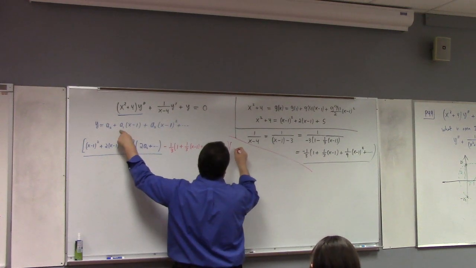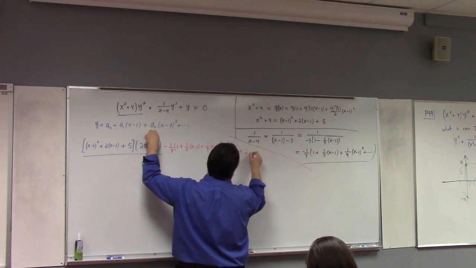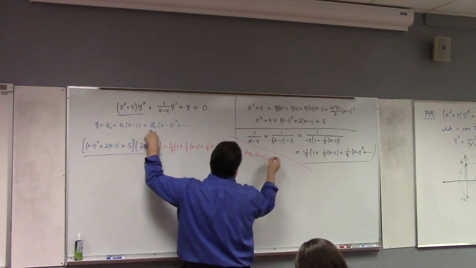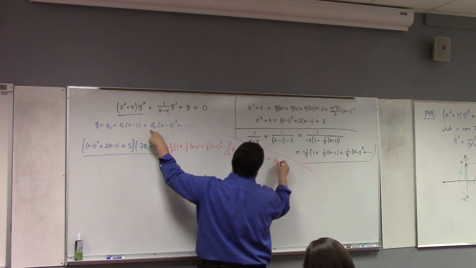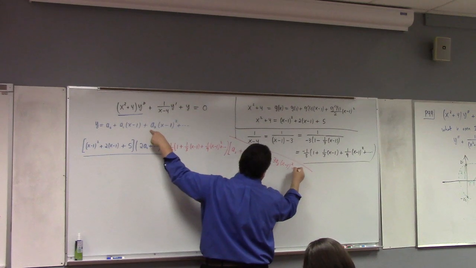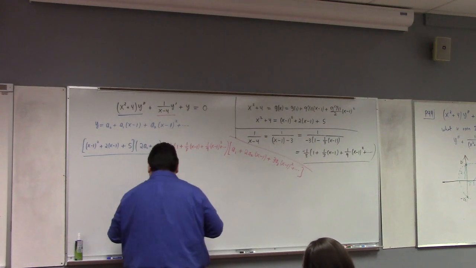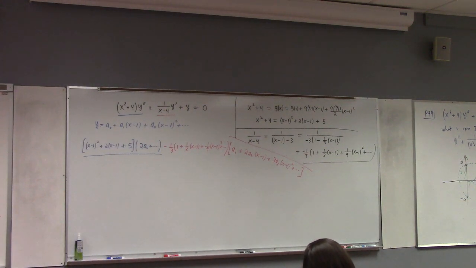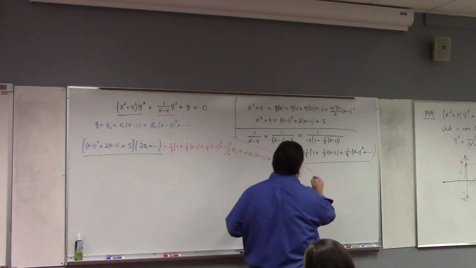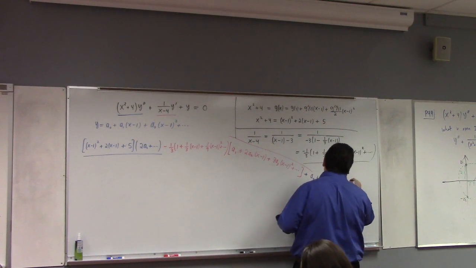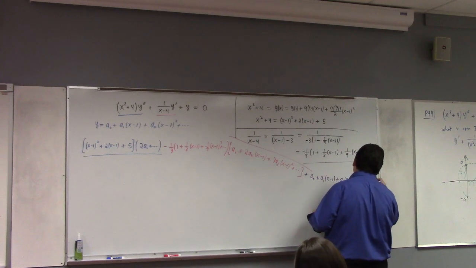Y prime is a1 plus 2a2 times x minus 1. I guess I need the next term, 3a3 times x minus 1 squared plus dot dot dot, right? And then finally I've got what remains, which is y. So plus a0 plus a1 times x minus 1 plus a2 times x minus 1 squared plus dot dot dot equals 0.